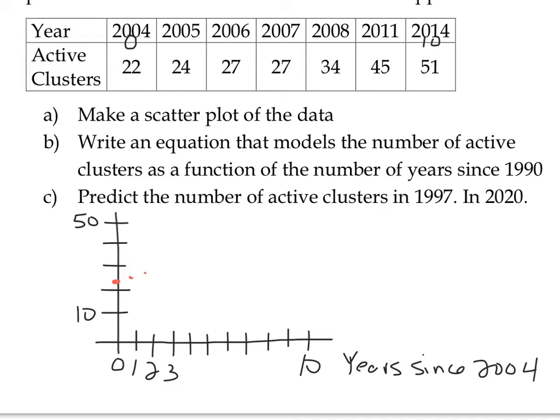Then we have 3, because it's 3 years since 2004, and that's also 27, so it'll flatten out a little bit from that other point. And then 4, 34, right between about 30 and 40.